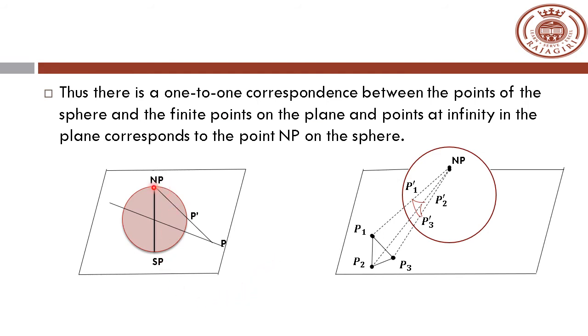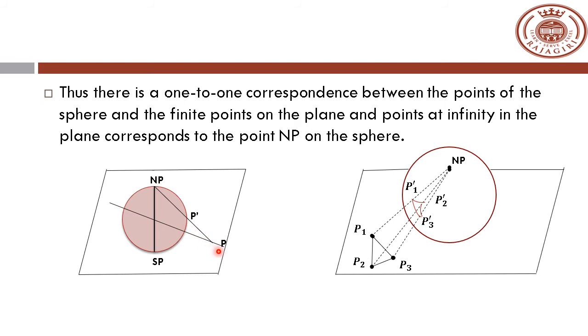Consider the point of contact of the sphere with the plane as South Pole, and if you draw a line perpendicular to the plane, it meets the surface of the sphere at North Pole. Suppose P is a point on the plane. If you draw a line from P to North Pole, this line intersects the surface of the sphere at P dash.